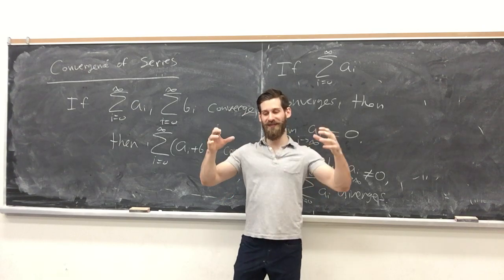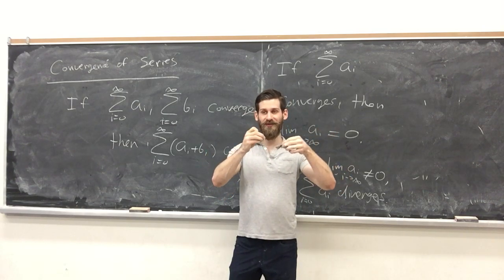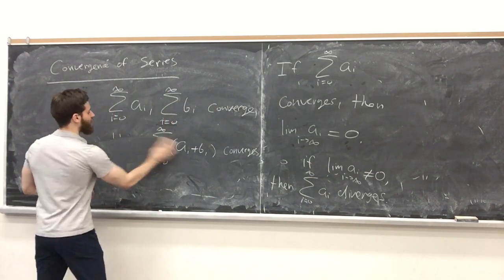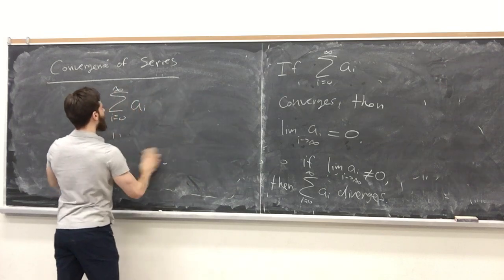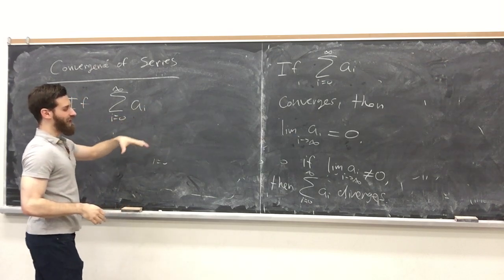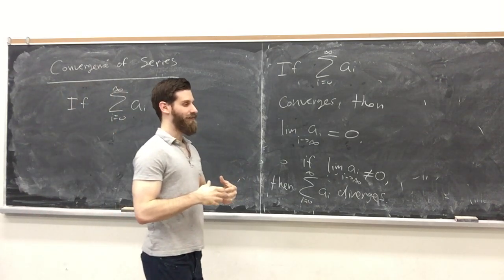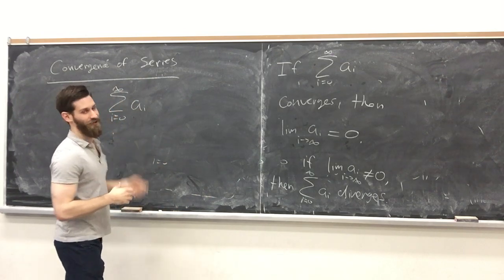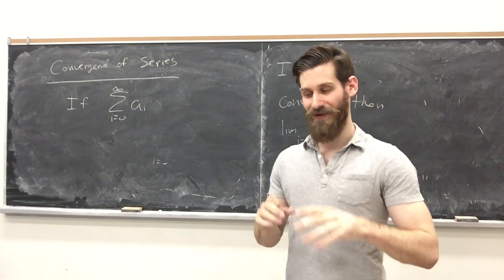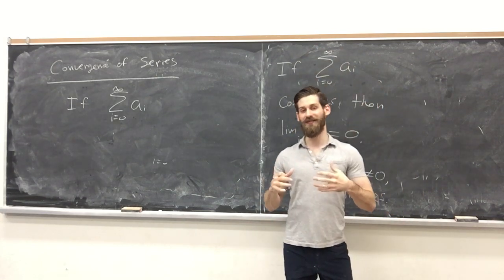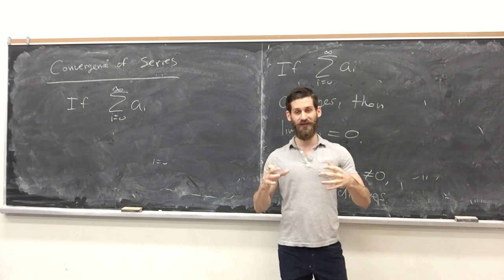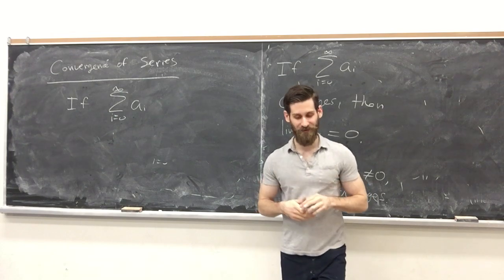So if you have an infinite series a_i, so we have A0, A1, A2, A3, etc. If we change finitely many of the values, it'll converge if and only if the original series converges. So changing finitely many values has no effect on convergence. It will, of course, change what the sum is, right? It definitely changes what it converges to, but it won't change the fact that it converges.